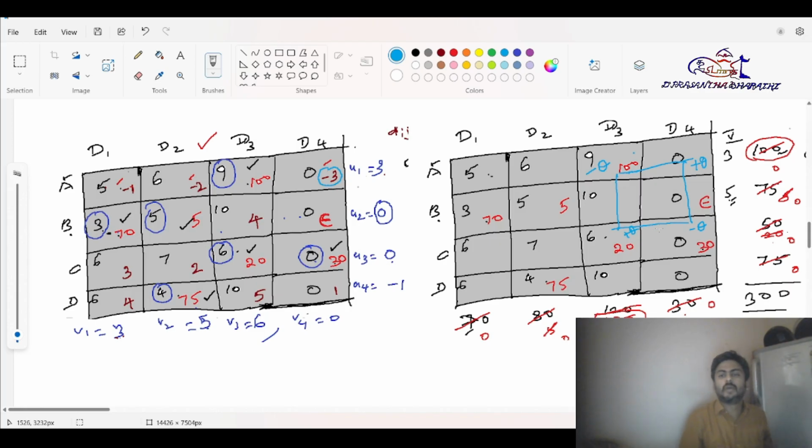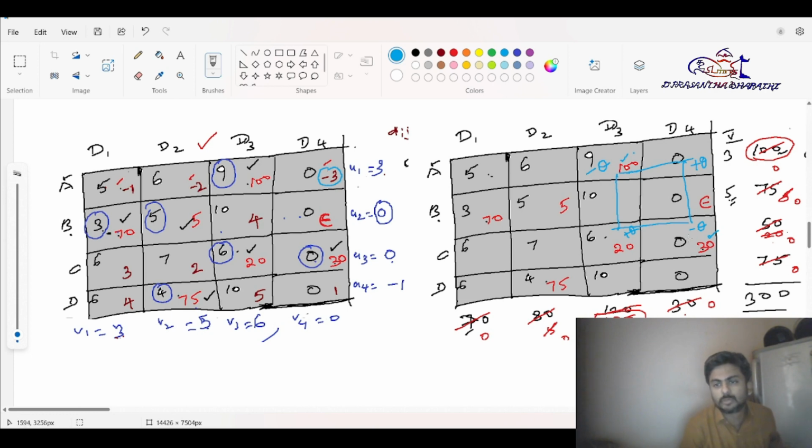Now our task is to find the minimum of the two minus theta values. You are having one minus theta value here as 100, and another minus theta value as 30. The minimum of these two minus thetas should be considered.